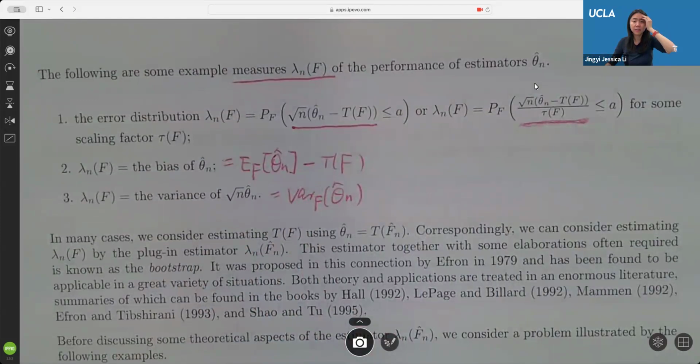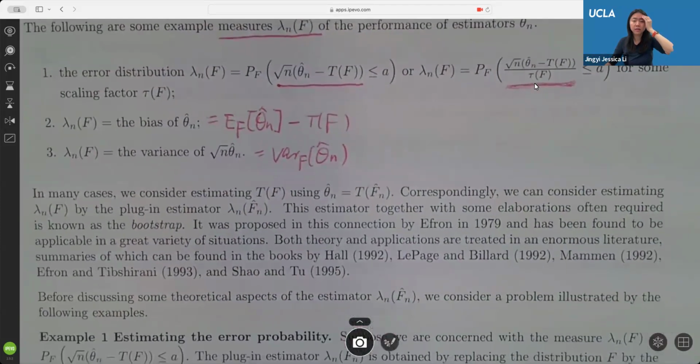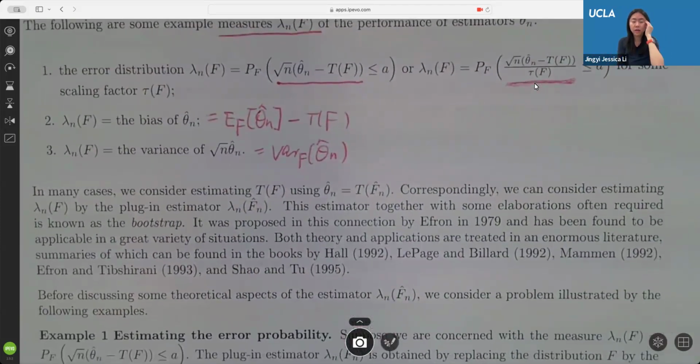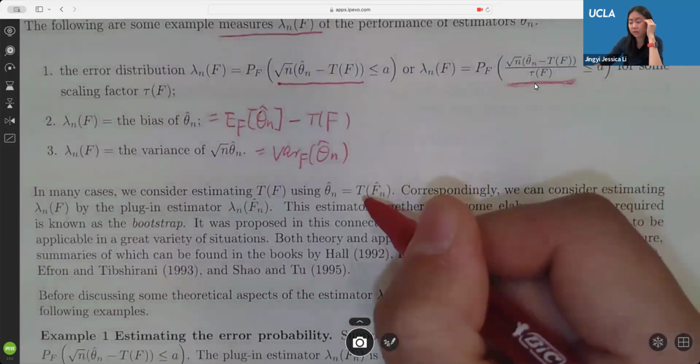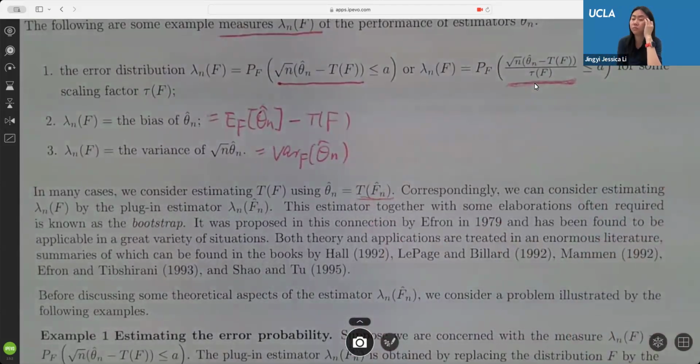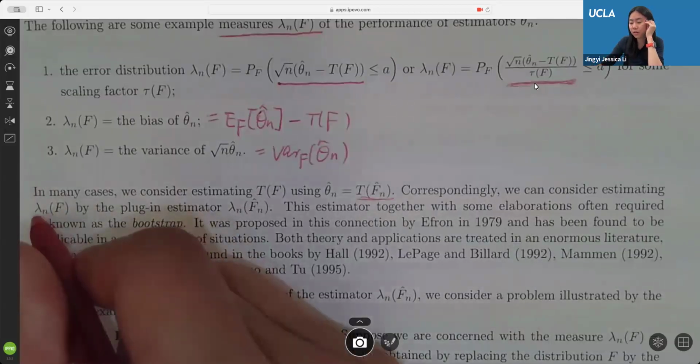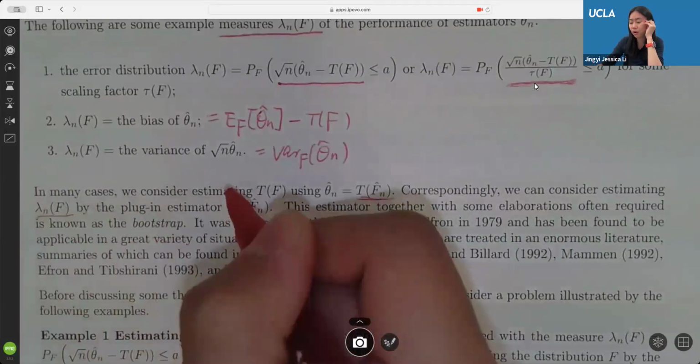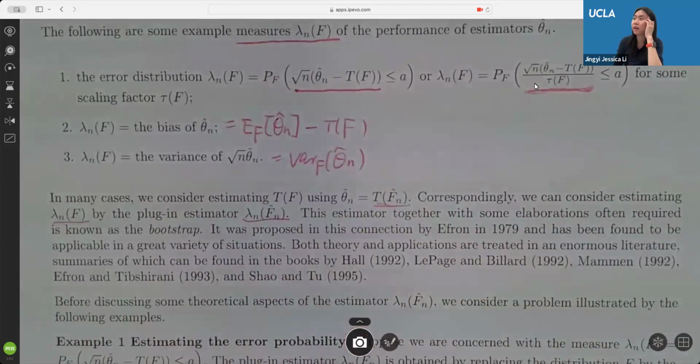In many cases, we consider estimating T(F) using theta hat n, which is often specified by plug-in. Okay, so this is the V statistic, remember that. Correspondingly, we can consider estimating this performance. Why don't we just estimate this performance by plugging in F hat n?